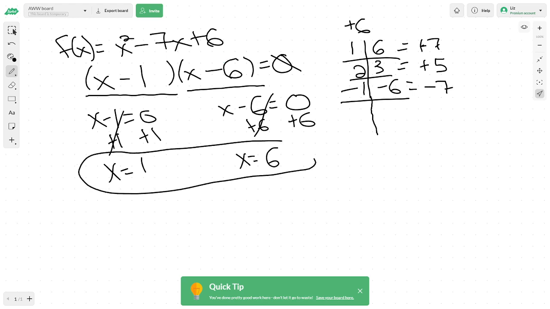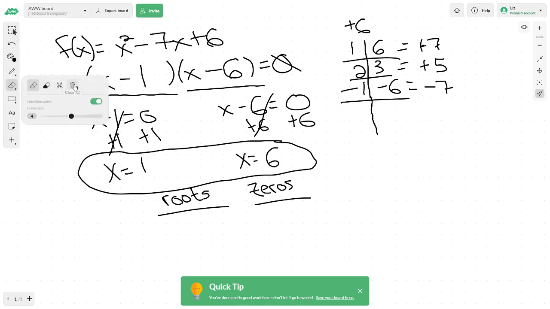These are my roots. If I graphed this, they would also be my zeros. If I plugged this in a graphing calculator, it would cross the x-axis at x equals 1 and x equals 6.